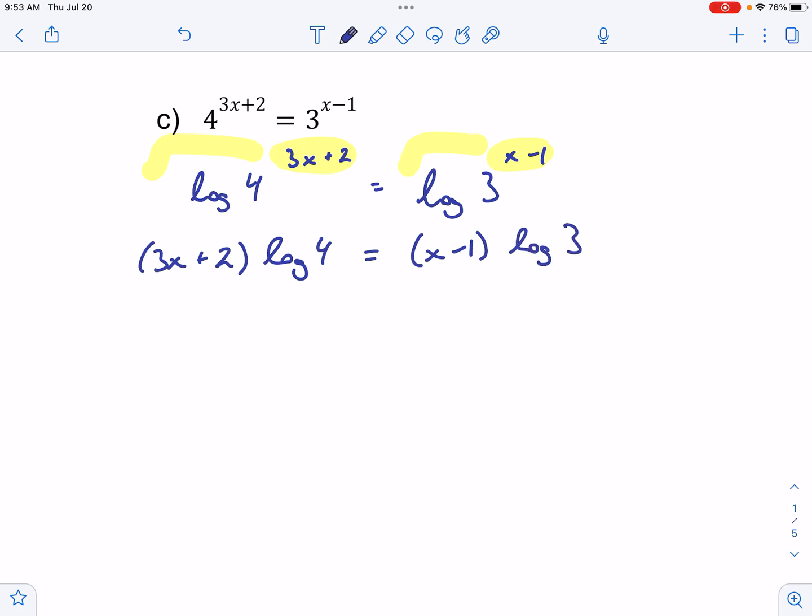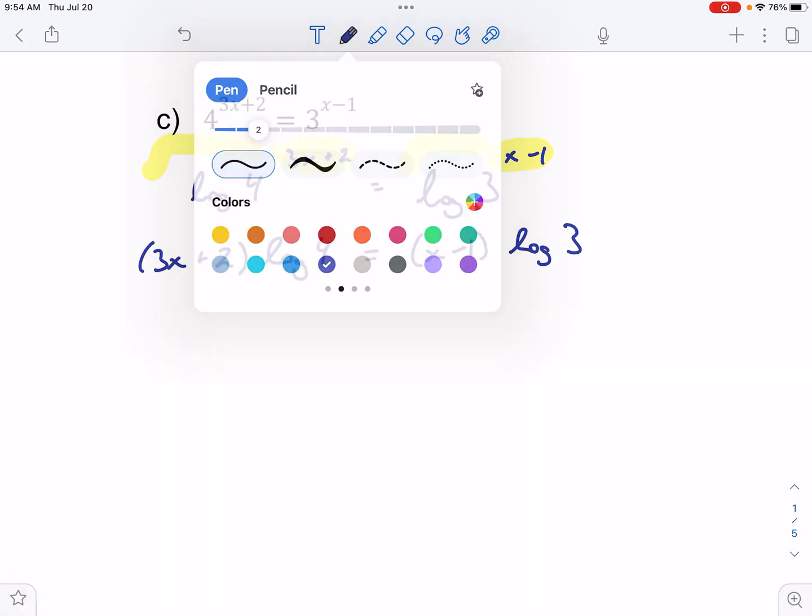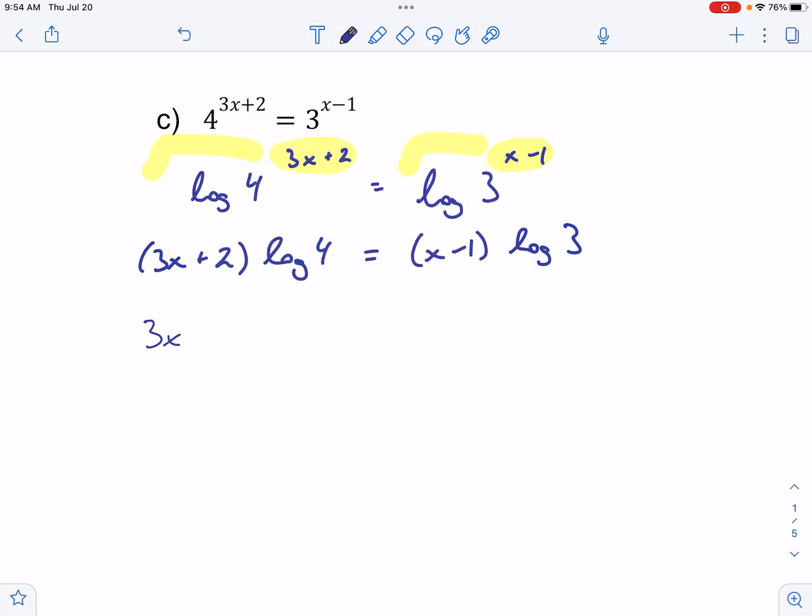I'm going to distribute these brackets out. Okay, so I will have a 3x log of 4 plus 2 log of 4 is equal to x log of 3 minus log of 3. I'm going to rearrange so that all my terms with x's are on one side. So I'm going to bring this one over to the left.